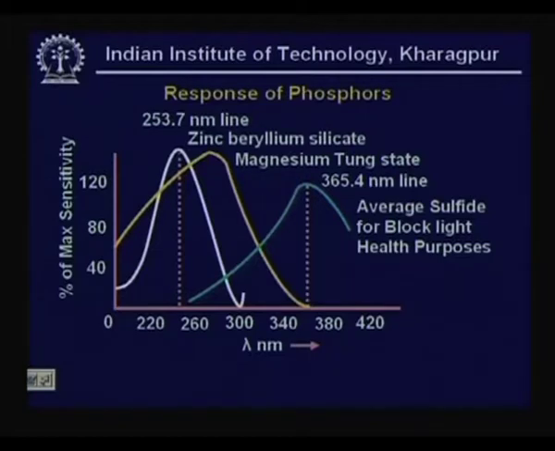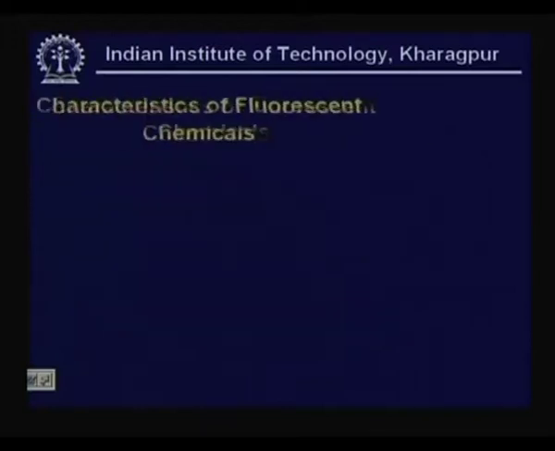These are special materials, zinc beryllium silicate and magnesium tungstate. The sulfide has around 365.4 nanometer line. Now in fact, for health purposes we do use this light, and it's called a black light in that zone, because it is not visible.